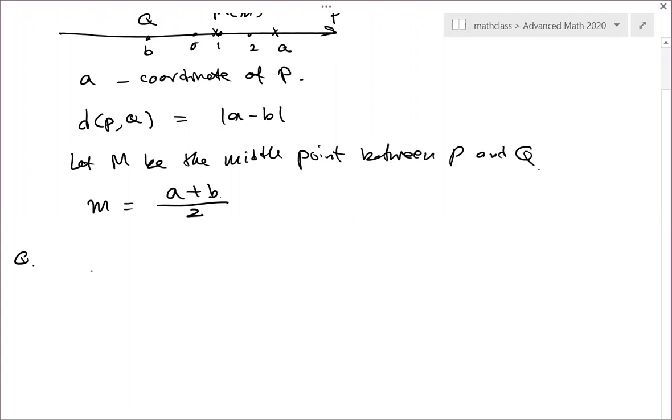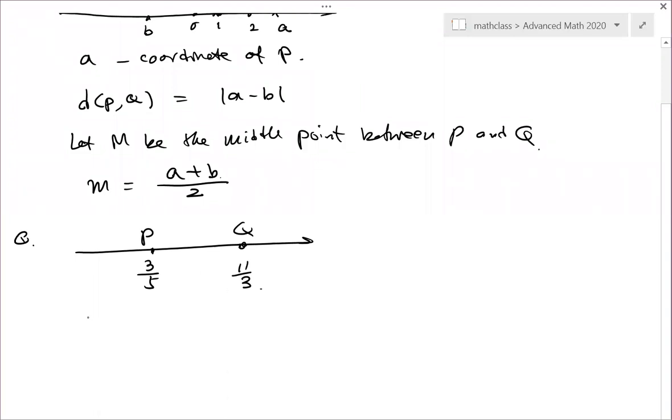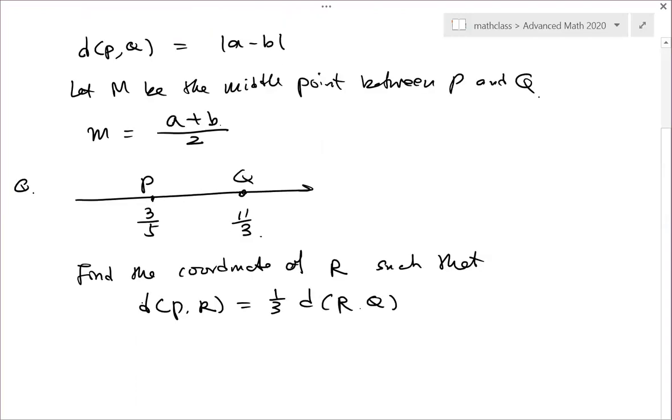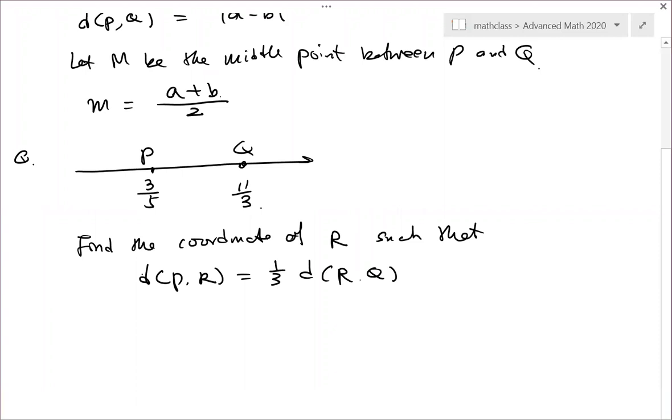Now, a typical example: if you have two points, P at 3/5 and Q at 11/3, we have to find the coordinate of the point R such that the distance between P and R is equal to 1/3 of the distance between R and Q. This is a good question.